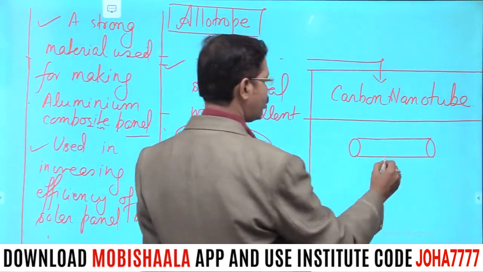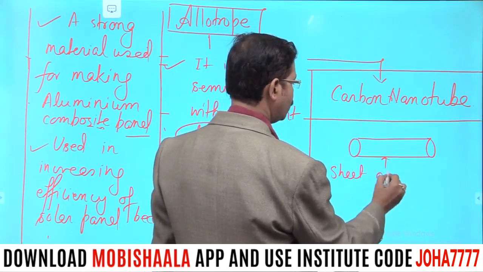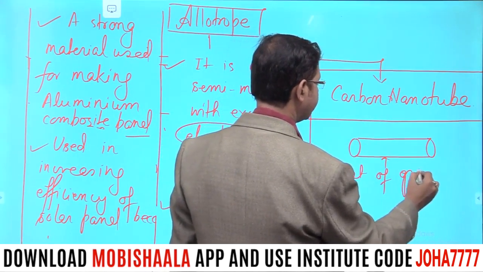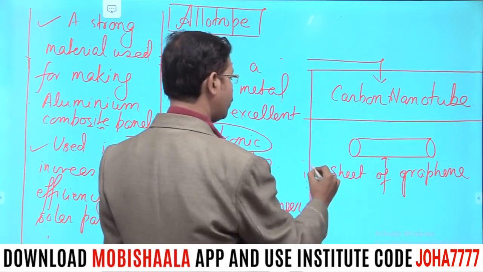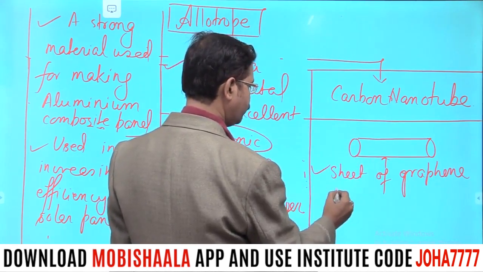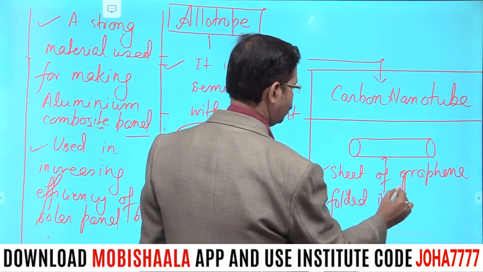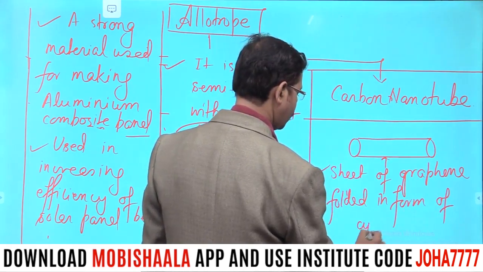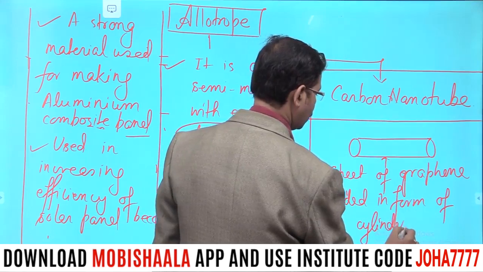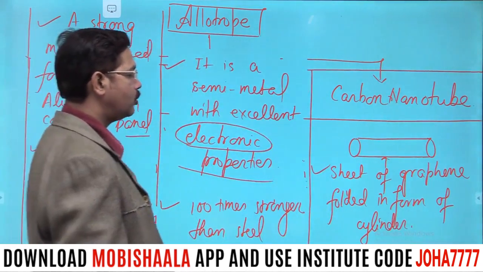But it is made up of what? It is made up of a sheet of graphene. So carbon nanotube is a sheet of graphene folded in the form of a cylinder.